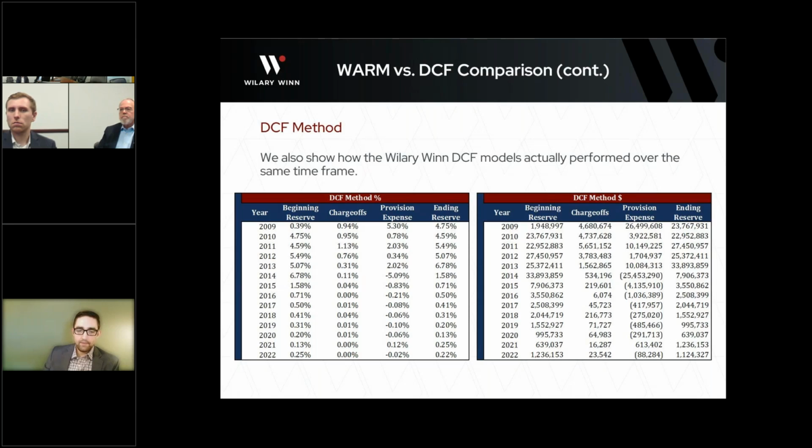Those reserves increased proportionally during the peak stresses and then released when those credit conditions started to stabilize, and then continued to release as they started to significantly improve. Sort of exactly what we would expect and exactly what we would want to happen. So that's why we think the DCF model is the most predictive and reliable approach, especially for any portfolios that do have economic exposure and where we see a lot of variability in credit quality over time.